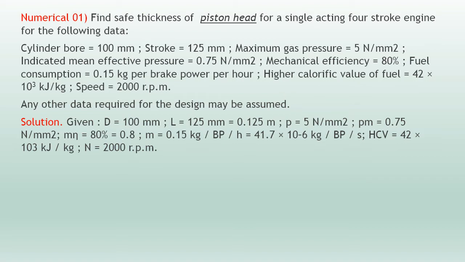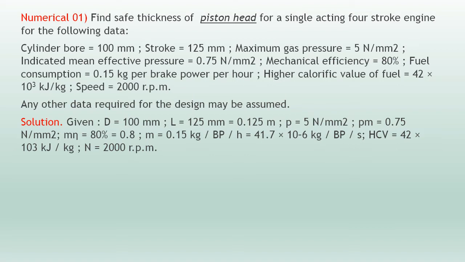Then small p is 5 Newton per mm square. Then mean effective pressure, that is P mean, equal to 0.75 Newton per mm square. Also we have mechanical efficiency equal to 80%, that is 0.8. Also the fuel consumption, that is M equal to 0.15 kg per Bp per hour.